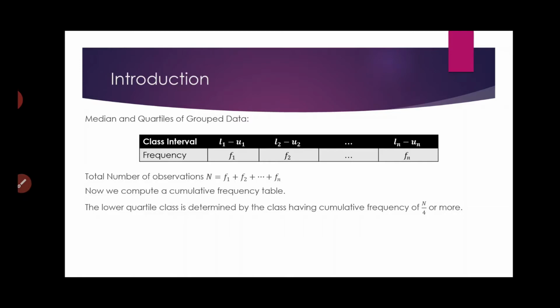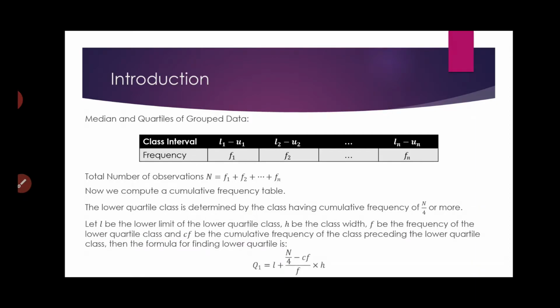It is the class having cumulative frequency 1/4 or more of the total number of observations. So it has to be n by 4 or more. And then the rest of the work is the same. So the lower quartile is going to be L plus n by 4 minus Cf by f into h, where obviously L, Cf and f pertain to the lower quartile class.